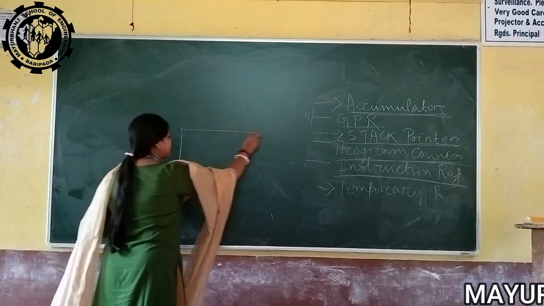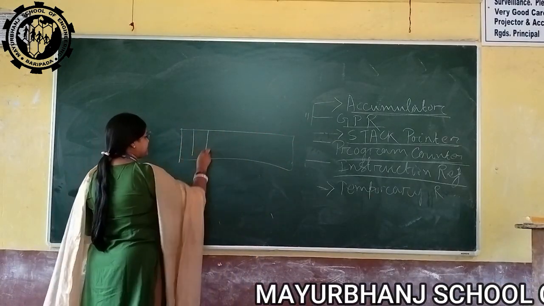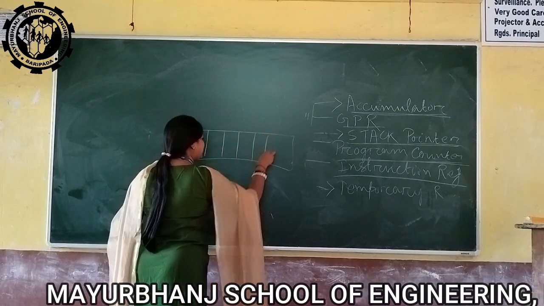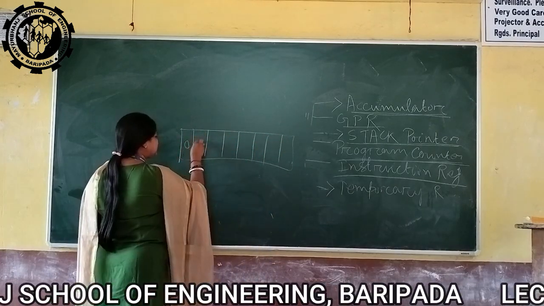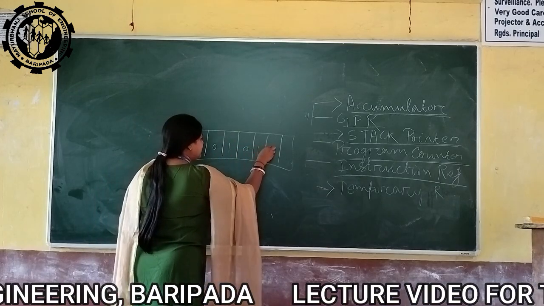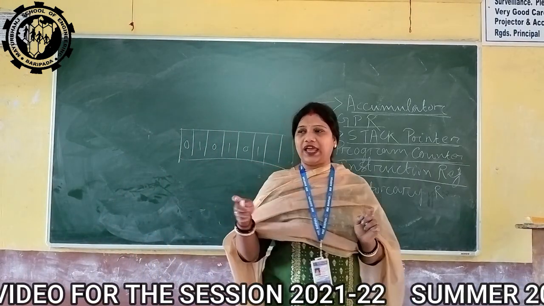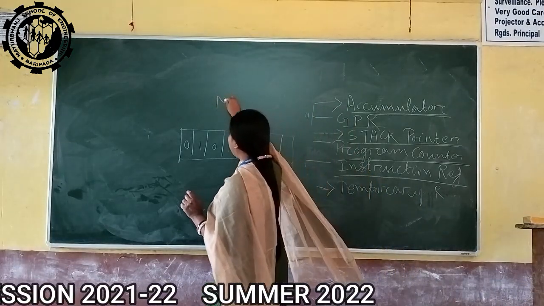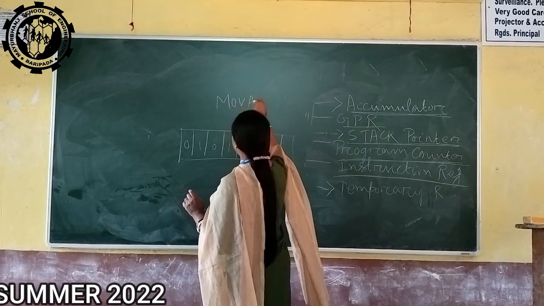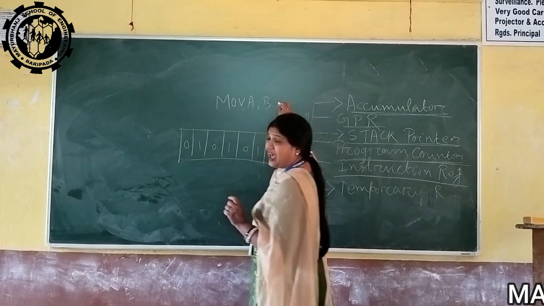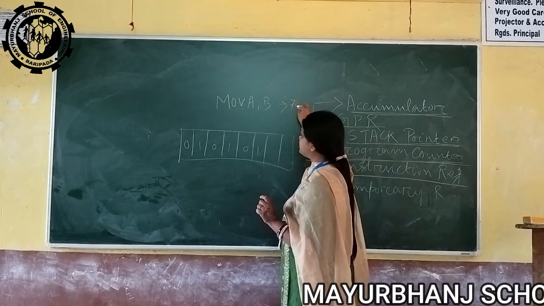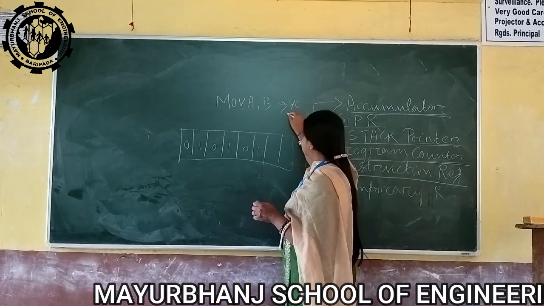The instruction register is also an 8-bit register. That means its content is always in the form of 0s and 1s. For example, take the instruction MOV A, B. It has an opcode, maybe 76.